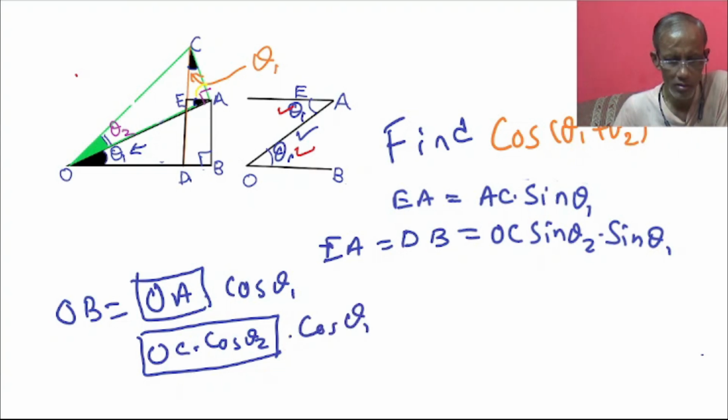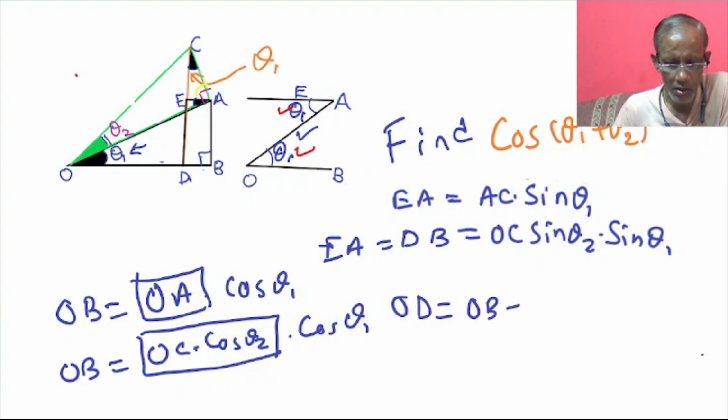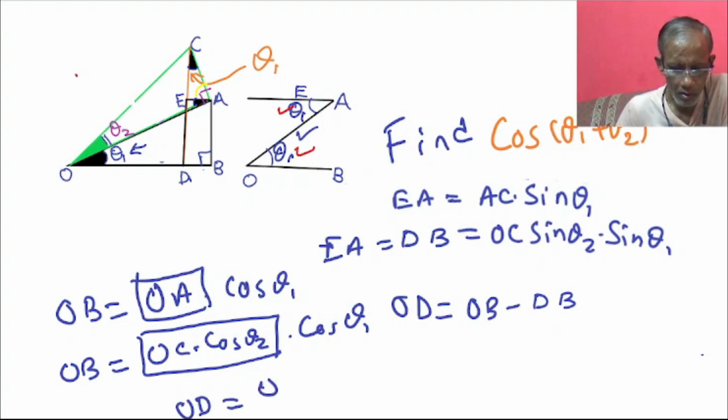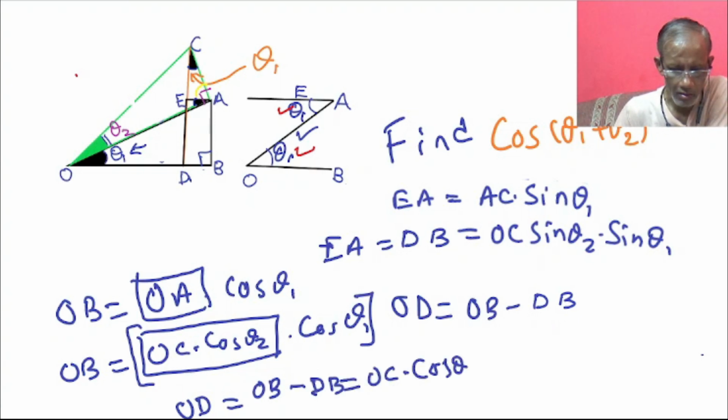That is equal to OB. So OD is equal to OB minus DB, and OB is OC cos of theta 1 into cos of theta 2, and that will be subtracted by EA or DB, this value.